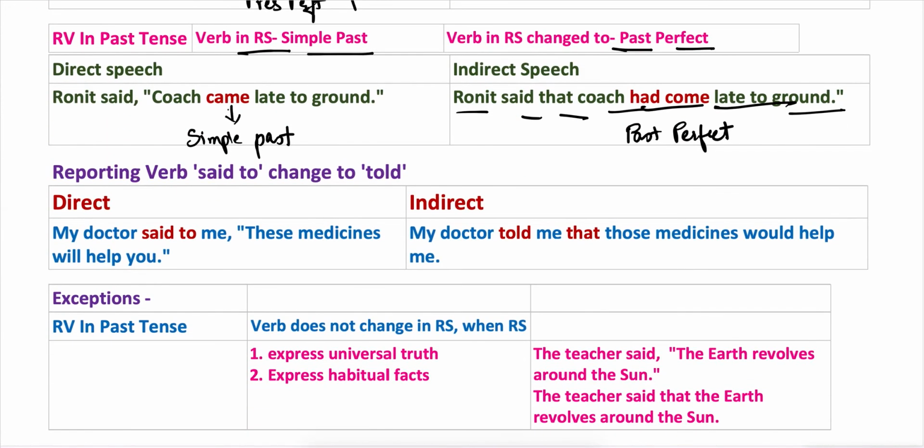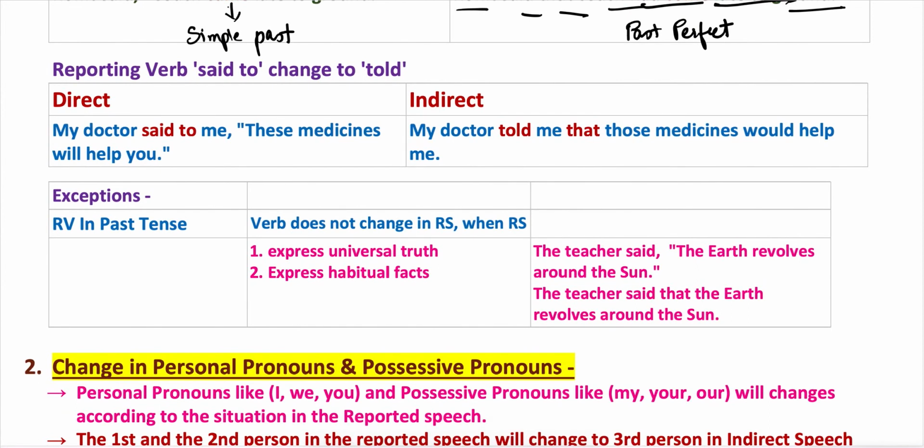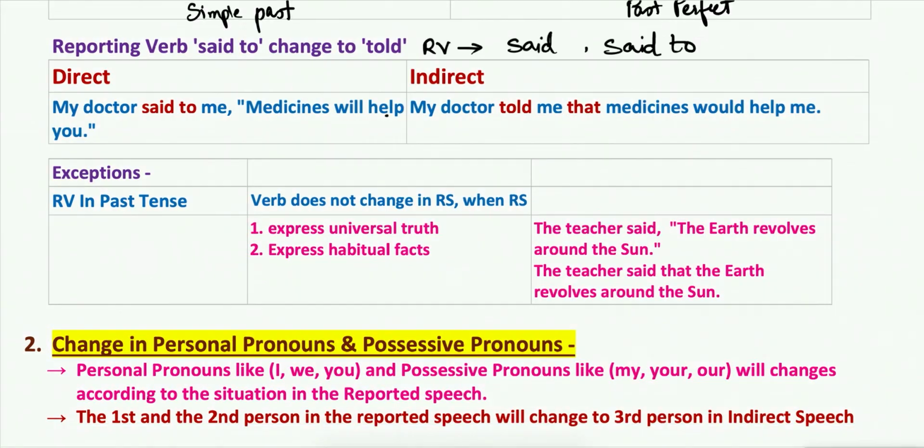Now, when the verb is in past form, here the past form can have reporting verb as said or said to. Said will remain as it is in indirect form, but the said to will change to told in indirect form.